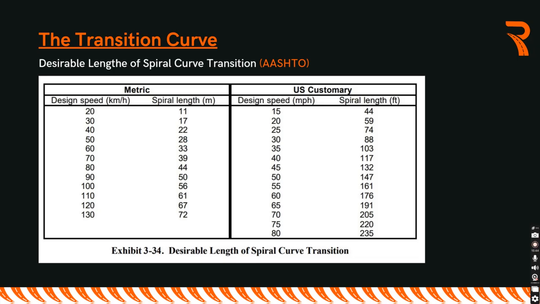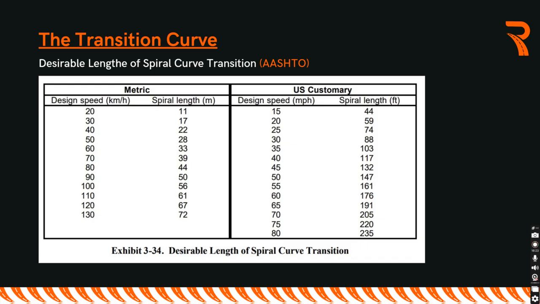It should be noted that these figures are just desirable lengths. But if you look at it from a practical perspective, 28 meters is so small for you to be able to apply the superelevation on actual site. So 28 is just the minimum, but if you push it a little bit, like 30, 40, 42 chainages, or 2 stations, is ideally good. Even the operator can be able to effect the transition at that point.